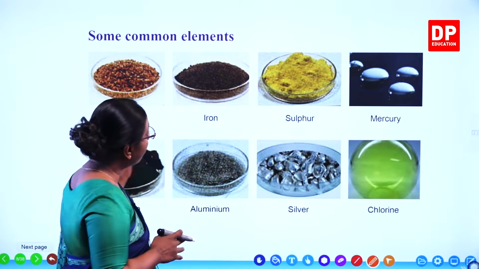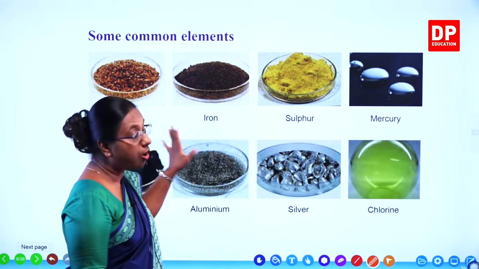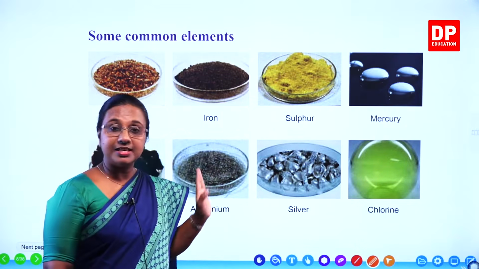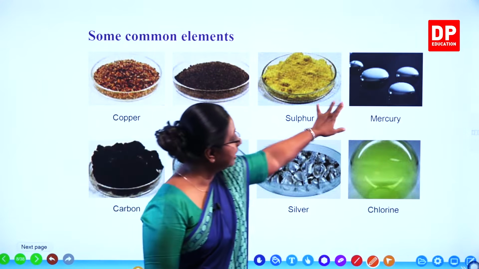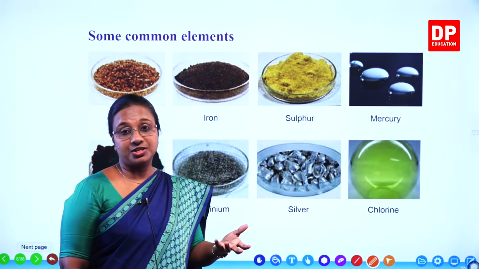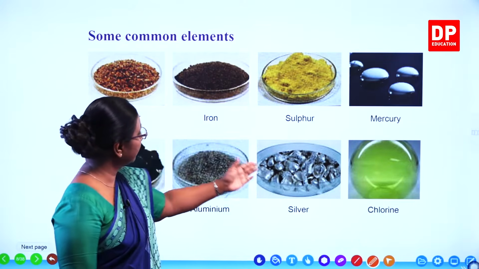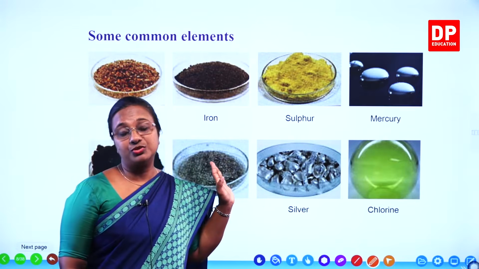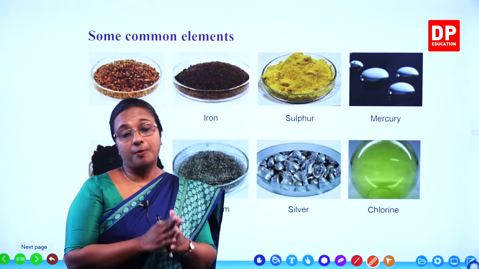So, these are all elements, and as we discussed, they all have specific properties. You can see the difference in color, difference in their physical state, solids, liquid, gas, and they do different functions. Now, carbon graphite can conduct electricity, these metals can conduct electricity, and they have different uses. So, like that, they all have specific properties.